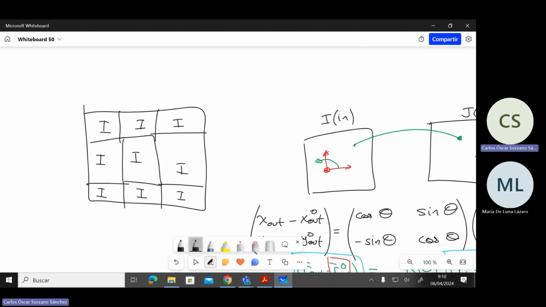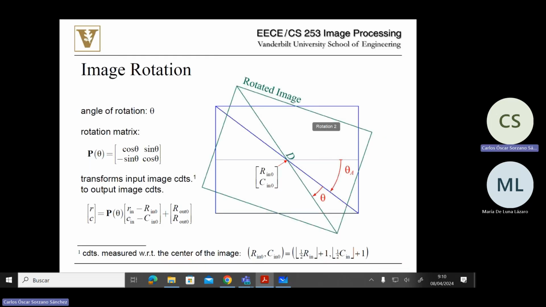One of them will be the central one. But when you rotate, everything is shifted. And then you have another copy here. So now this part is defined.